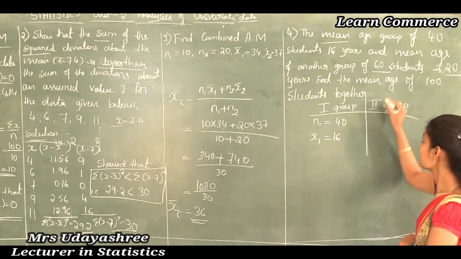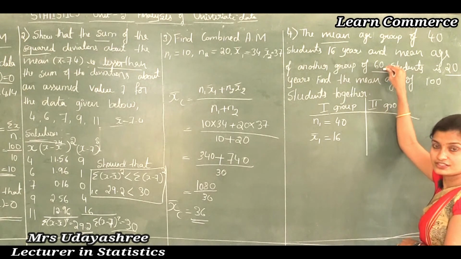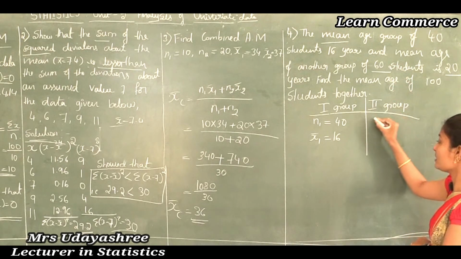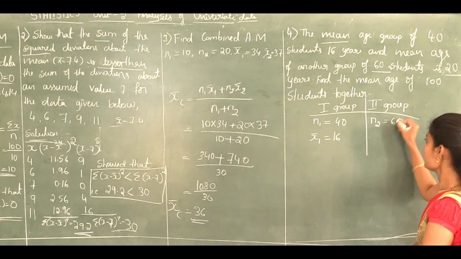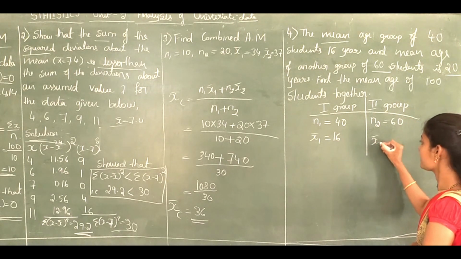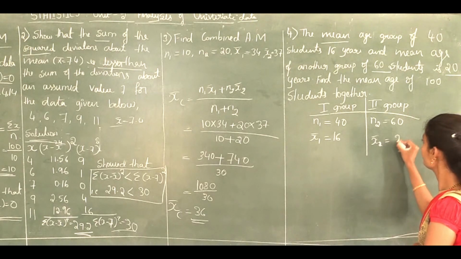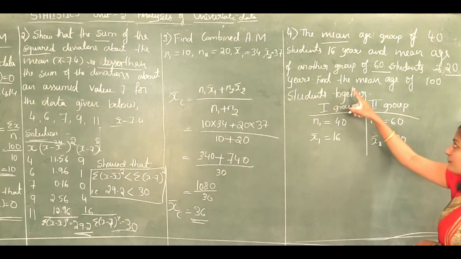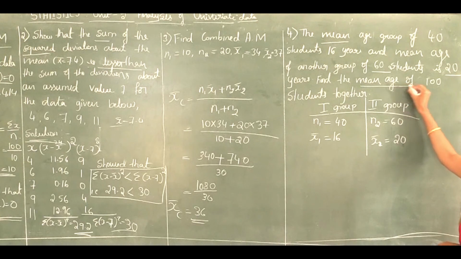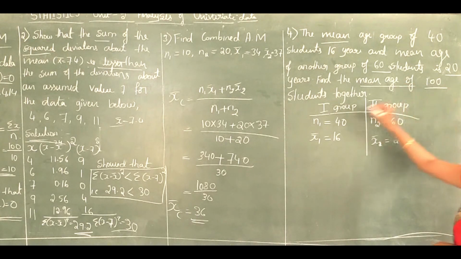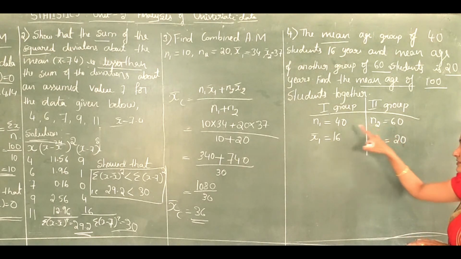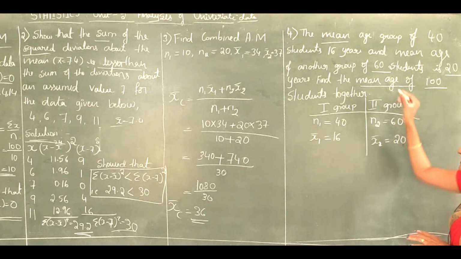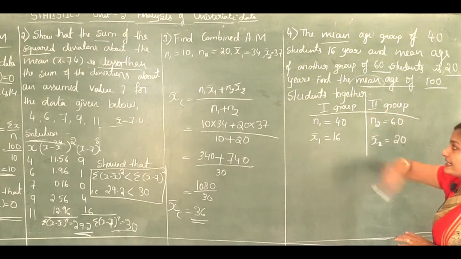So for the second group, I will write n2 is equal to 60 and x bar 2 is equal to 20. Here we need to find the mean age of 100 students together. 100 is nothing but n1 plus n2, so 40 plus 60. In the sense, here we need to find the combined arithmetic mean.